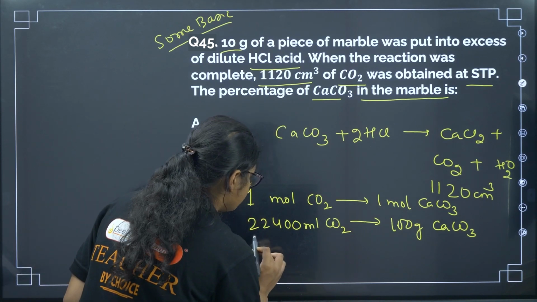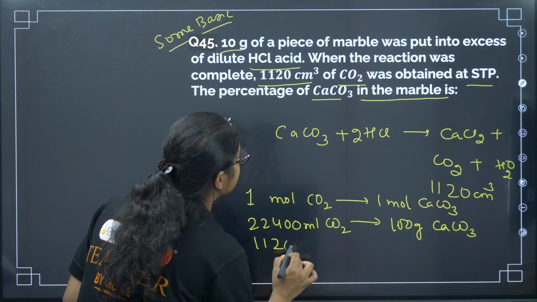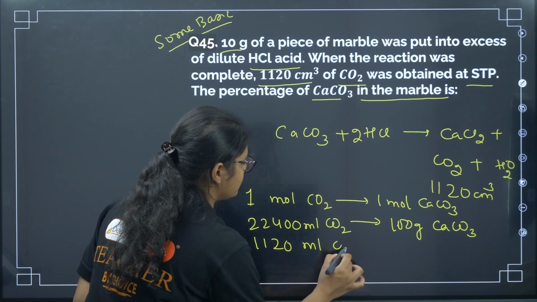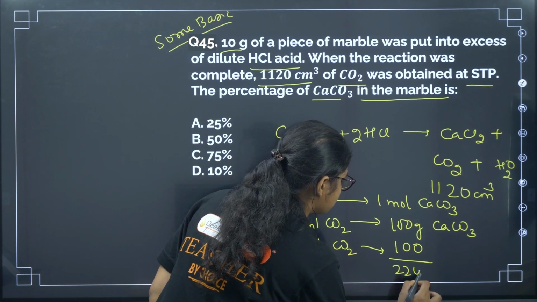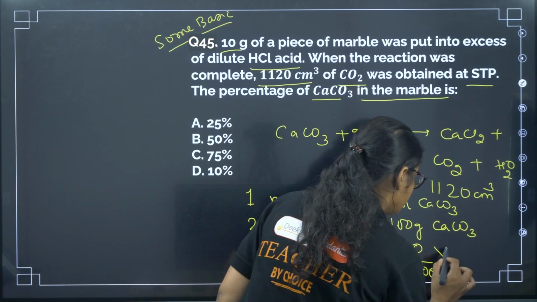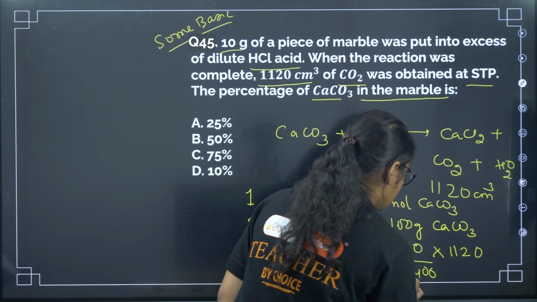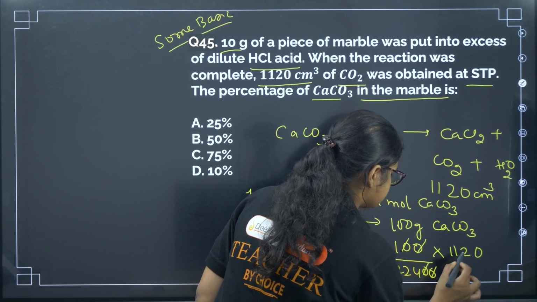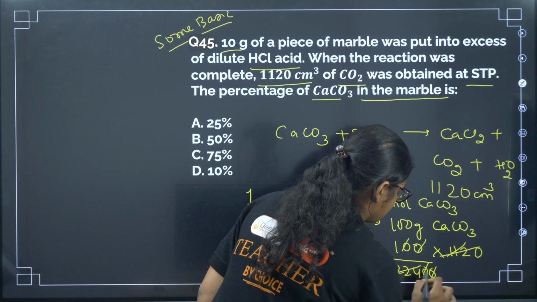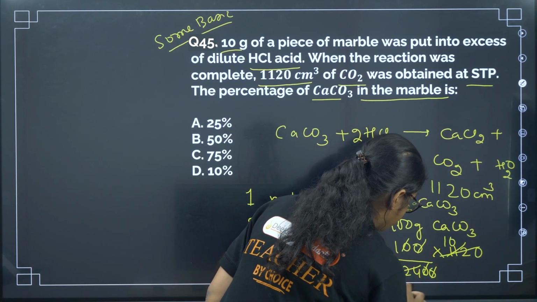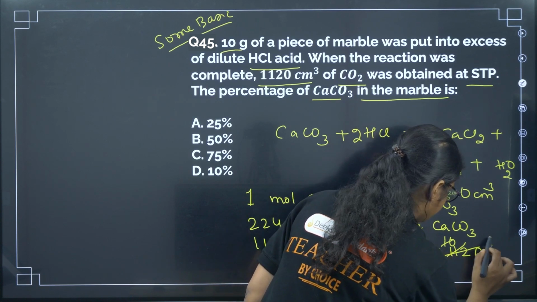Then we can say for 1120 ml of CO2, what will it require? 100 by 22,400 into 1120. So here we can cancel these zeros. Then we have 1 by 10 by 2, so that is your 5, right?